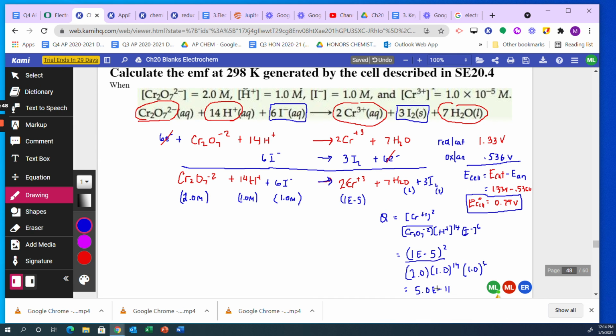That would be my Q, and I can tell it's a decimal, right? Negative 11, which would make the logarithm of this about negative 11, right? So it'll be a negative number.